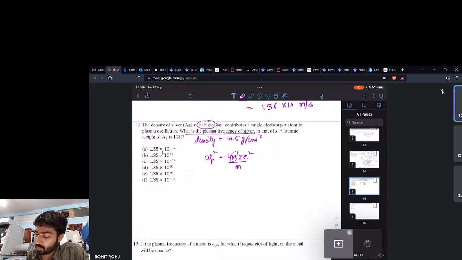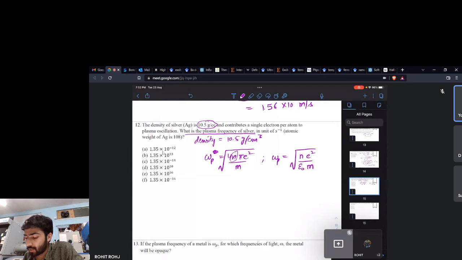So instead of this, I found an alternative expression for omega p while searching in other books: n e square divided by epsilon naught m. This is mostly a conversion of system of units, where the term 4 pi in the numerator is replaced by the term 1 by epsilon naught in the denominator.